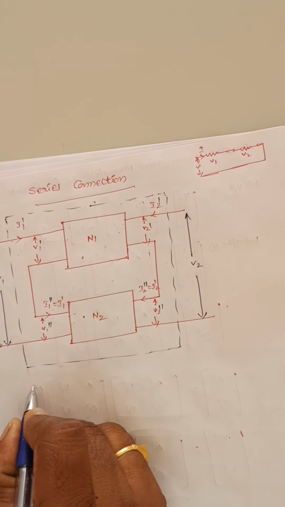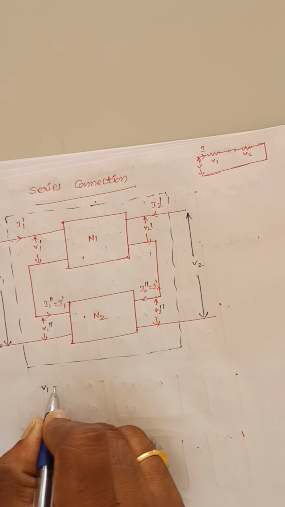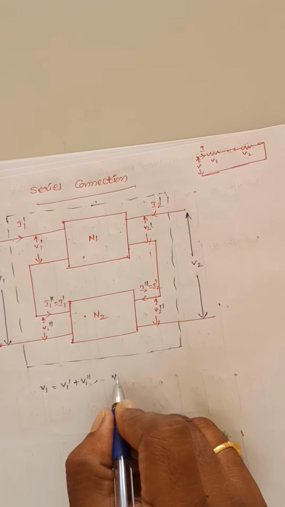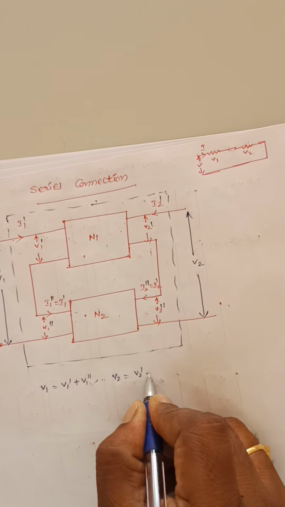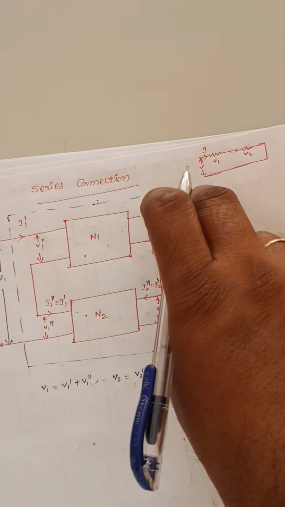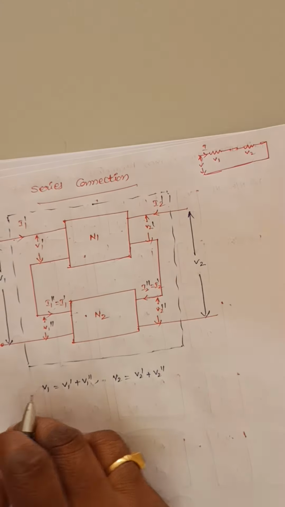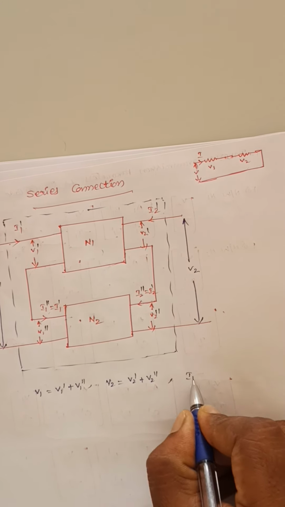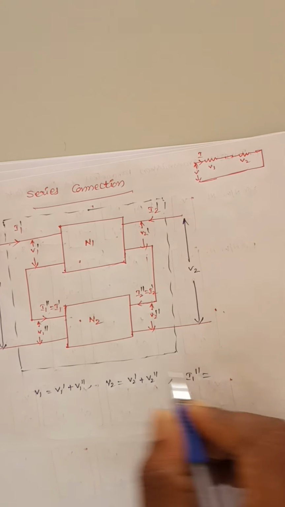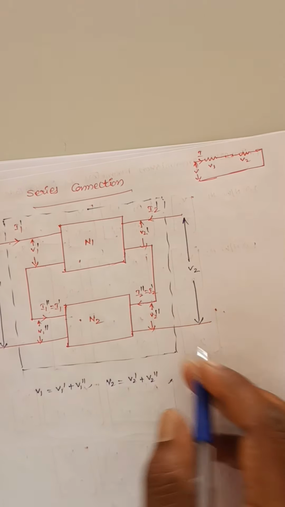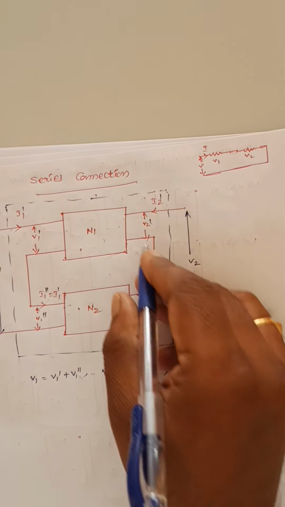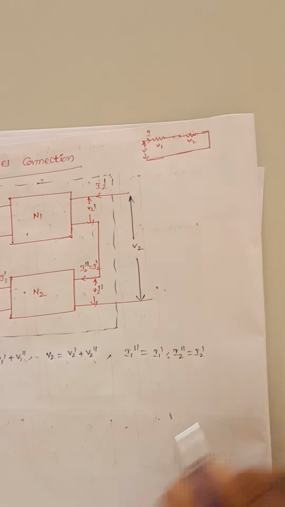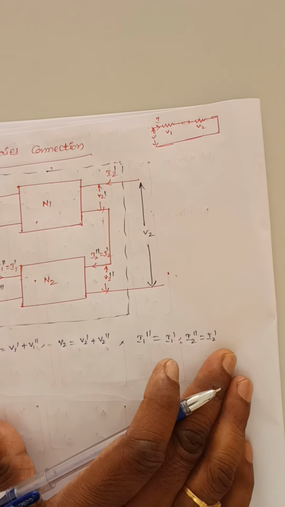Now the conditions here are V1 is equal to V1 dash plus V1 double dash, and V2 is equal to V2 dash plus V2 double dash. Next, I1 double dash is equal to I1 dash, and I2 double dash is equal to I2 dash. So these are the conditions.